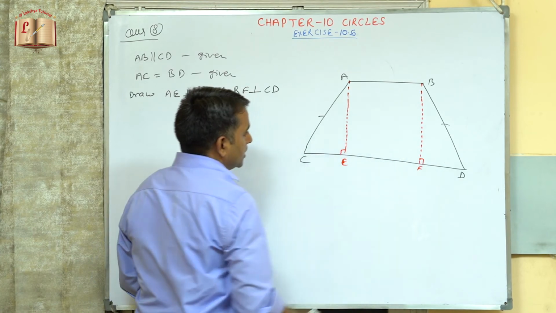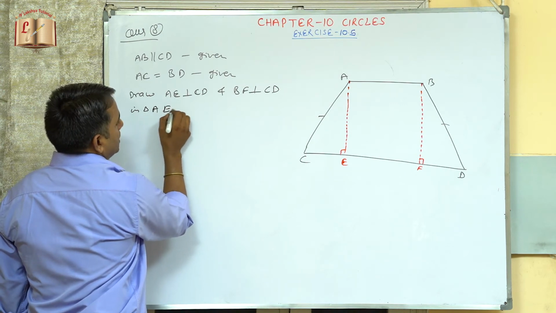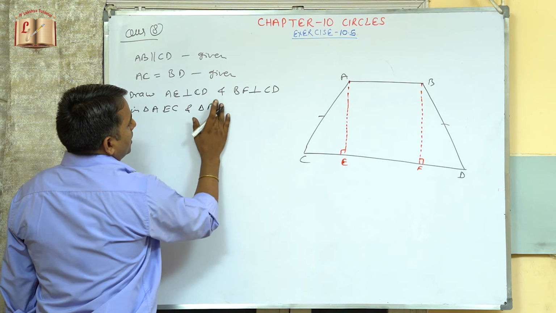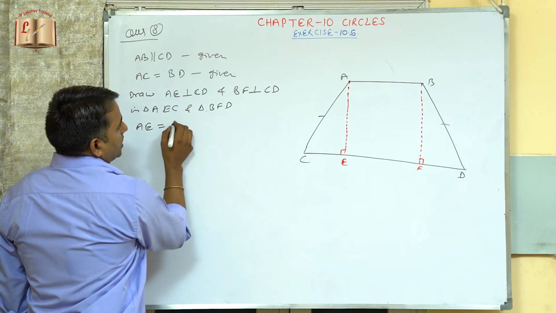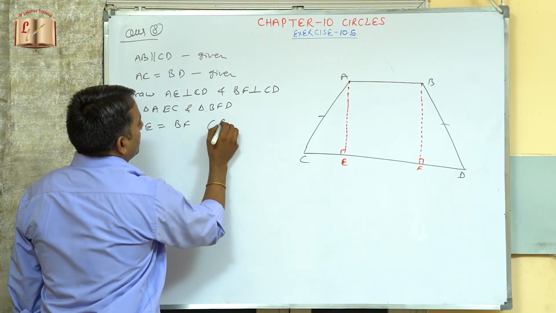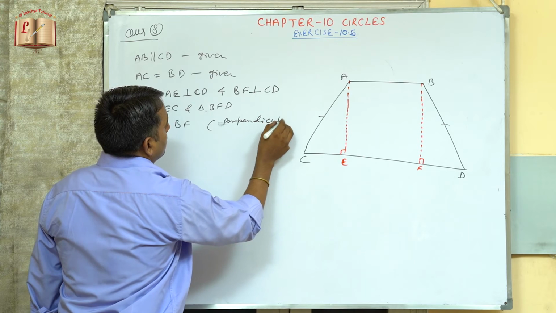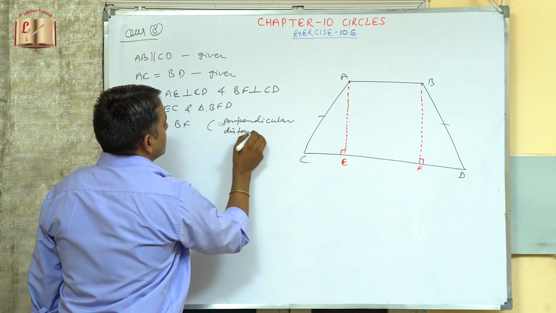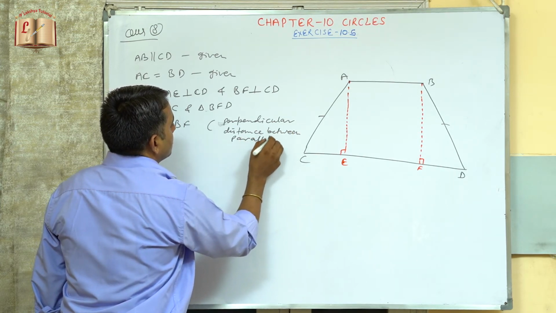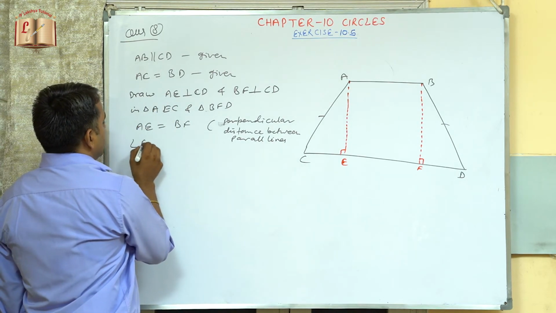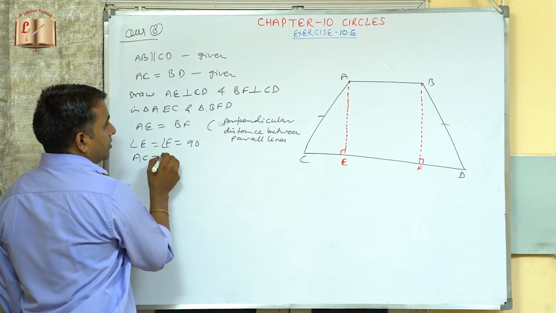Now in these two triangles, triangle AEC and triangle BFD, AE will be equal to BF because this is the perpendicular distance between parallel lines, and second, angle E is equal to angle F is equal to 90 degrees, and AC is equal to BD.